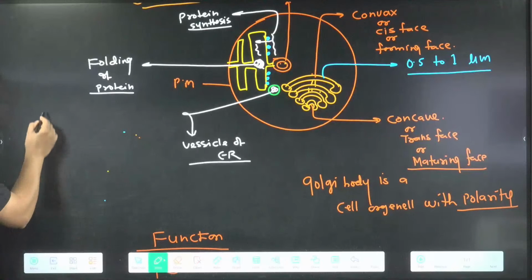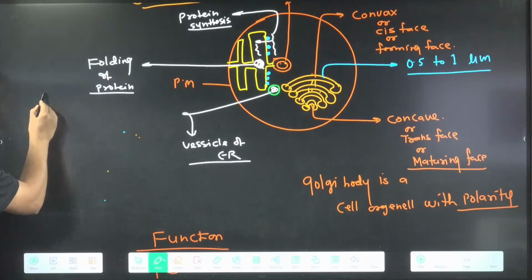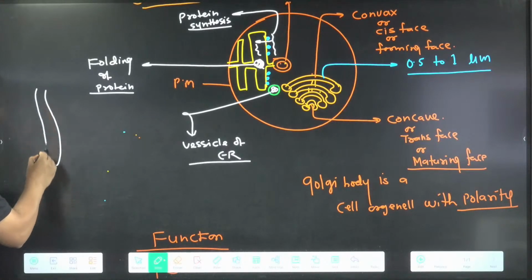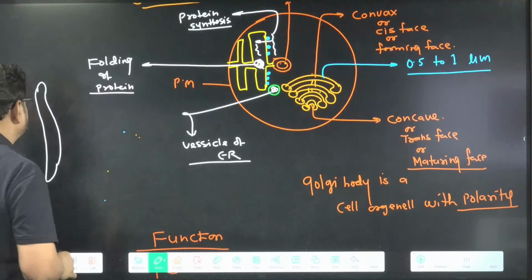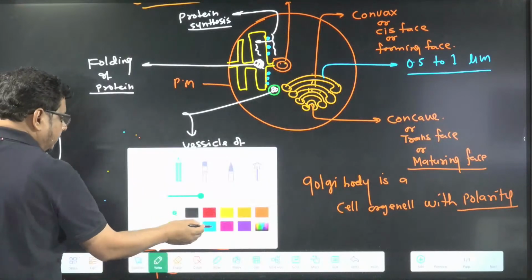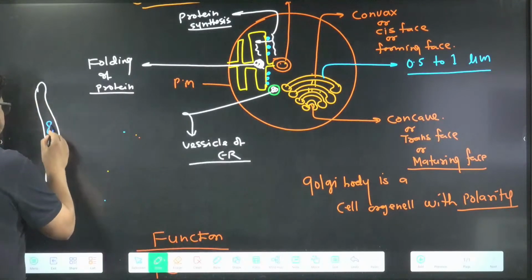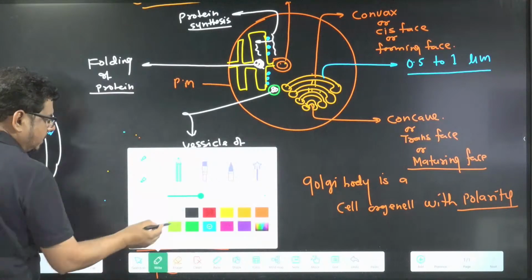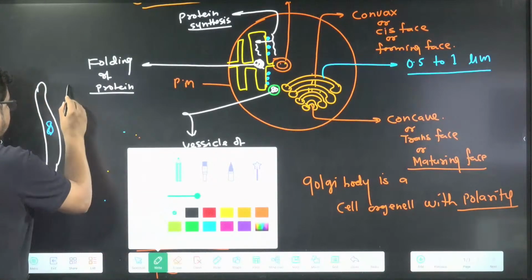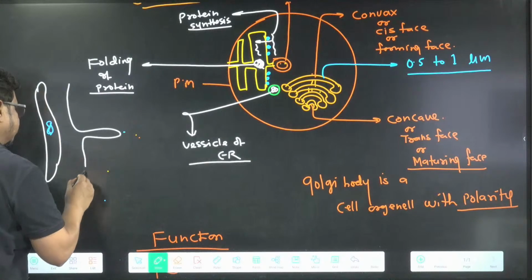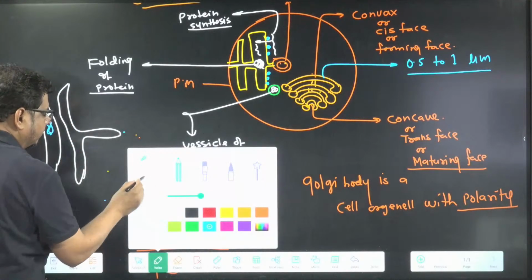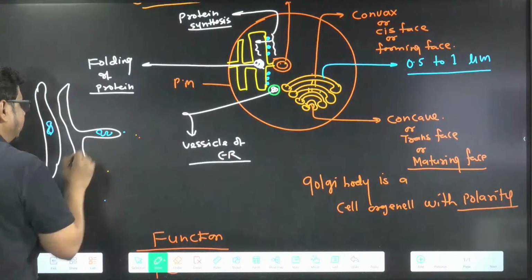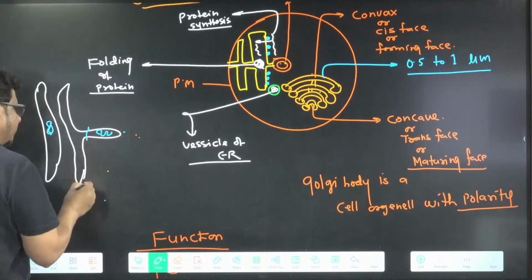If you want to know more about how it is packed in the vesicle of ER, look here. This is the lumen of ER, and protein is present here. Now just see, this lumen is going to become like this, and the protein enters here. Then it detaches from here.